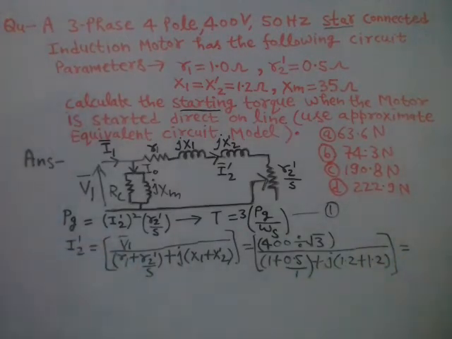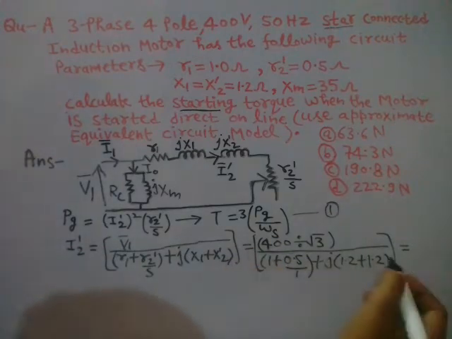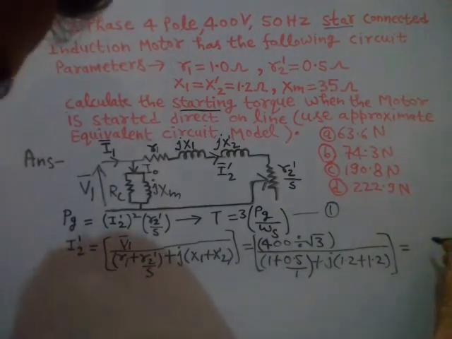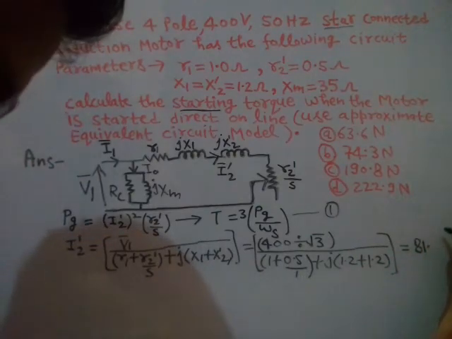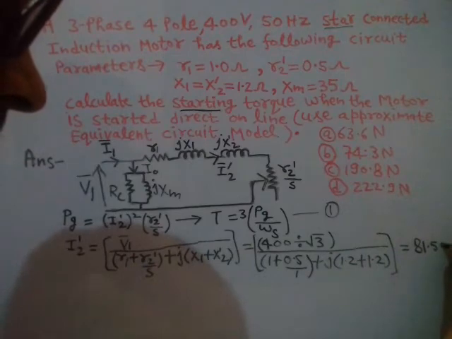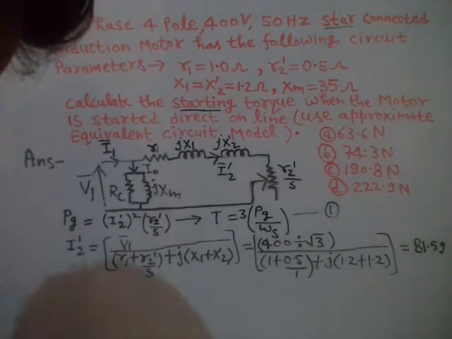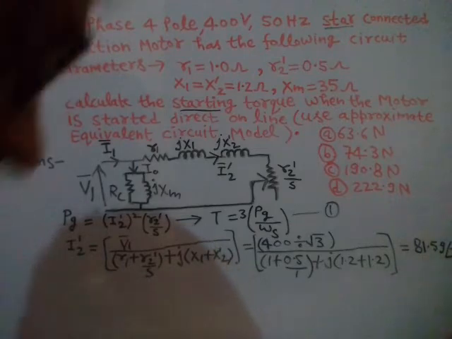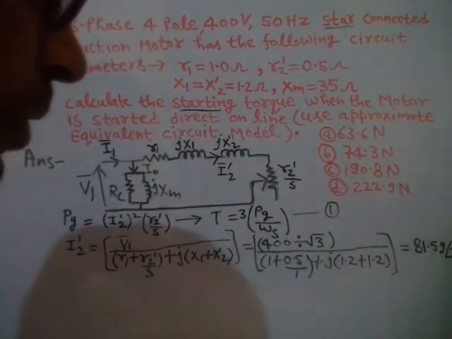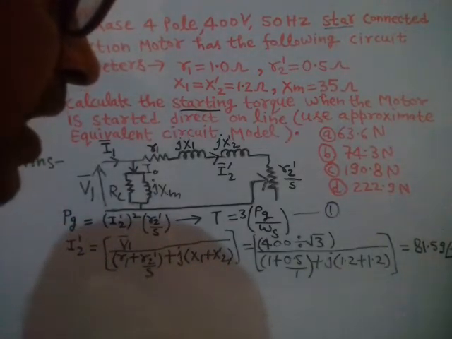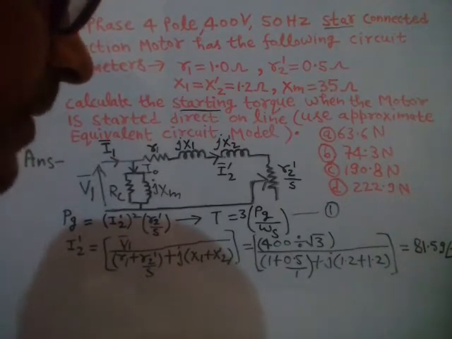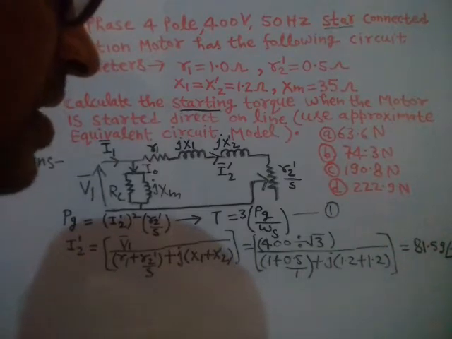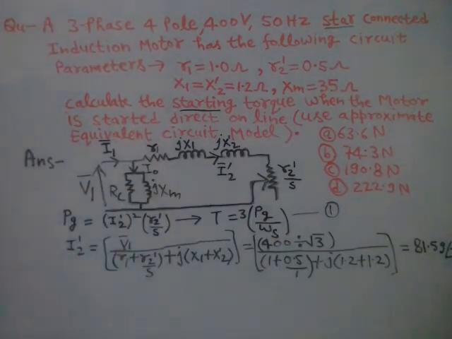So I have calculated this value, that comes out to be 81.59 with some angle, that is minus 57.99. Alright, that's the value of this current, in ampere. This is the per phase current, alright?